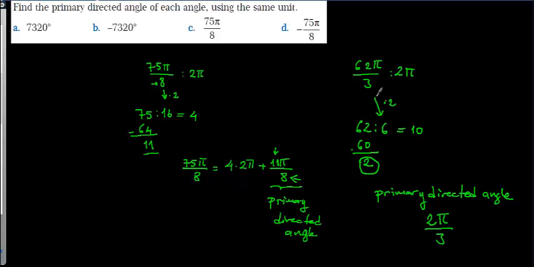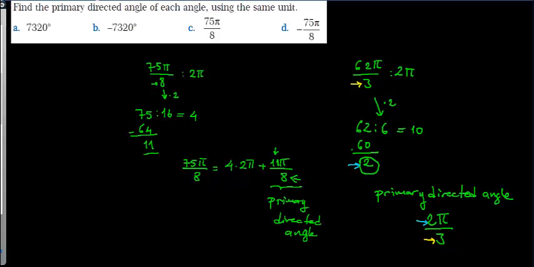As I said, the 3 is this 3, and the remainder here is the 2. It's written here, and this is the method for finding the primary directed angle in radian form.